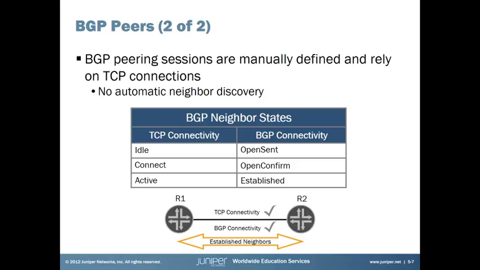The other peer confirms that it's received the open, and then they transition into an established state. So the established state is the point at which they can now begin to exchange routing updates and other information.